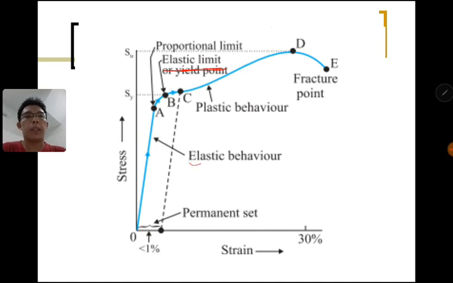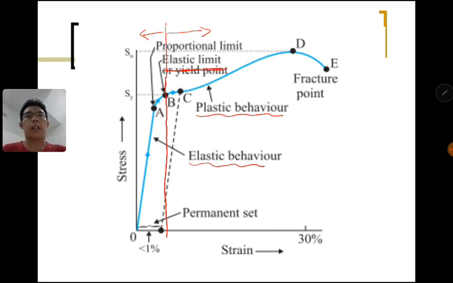You can see the elastic behavior and plastic behavior here, and B is the elastic limit. I just draw a line here to split that. Before that will be elastic deformation, after that will be plastic deformation.